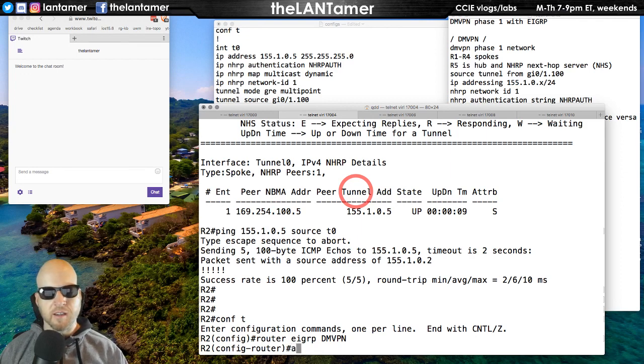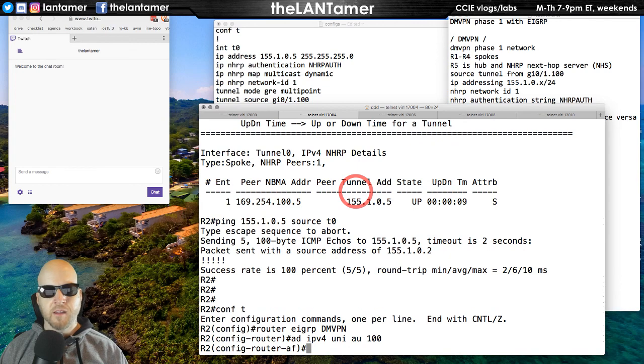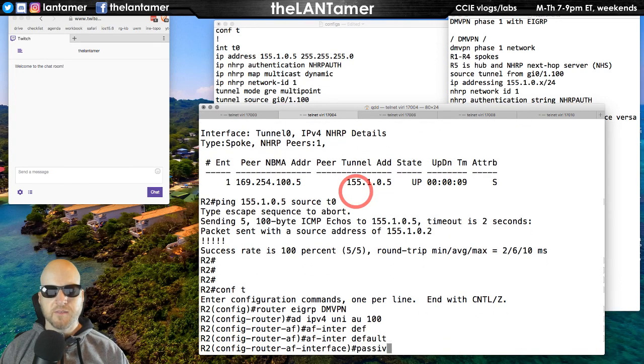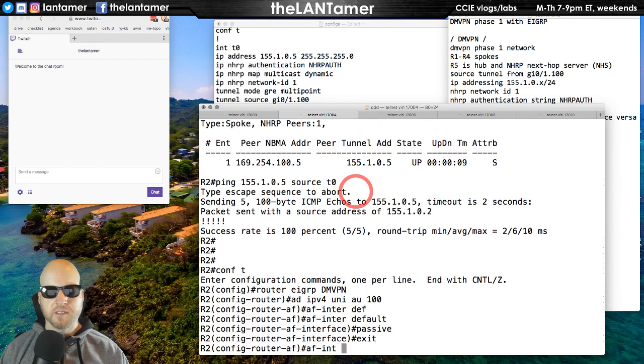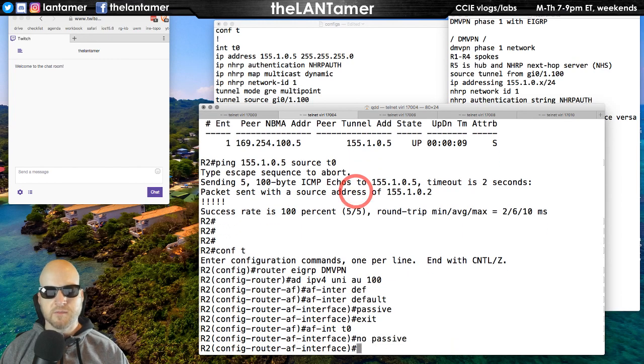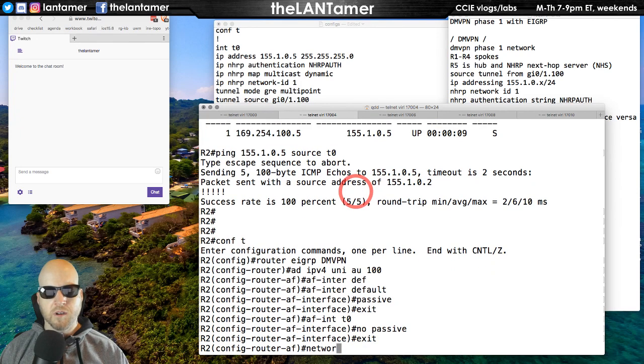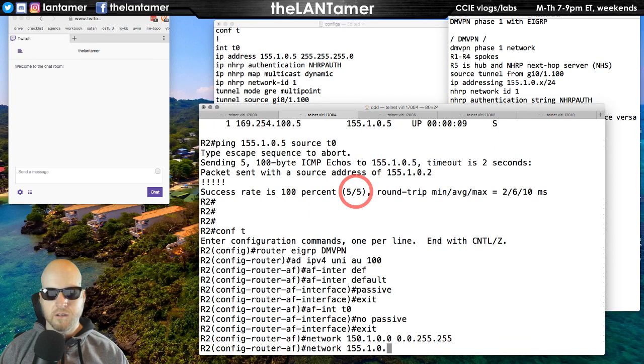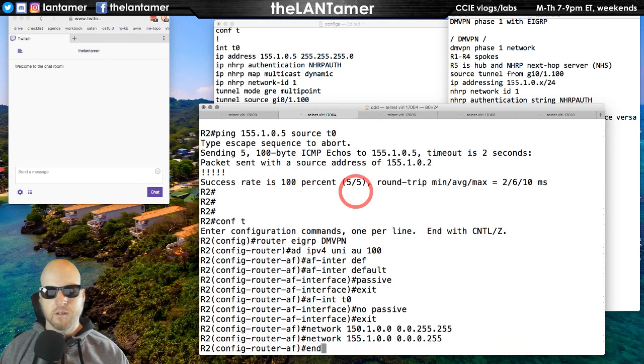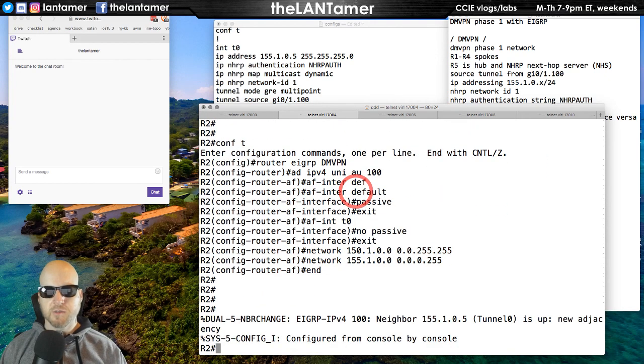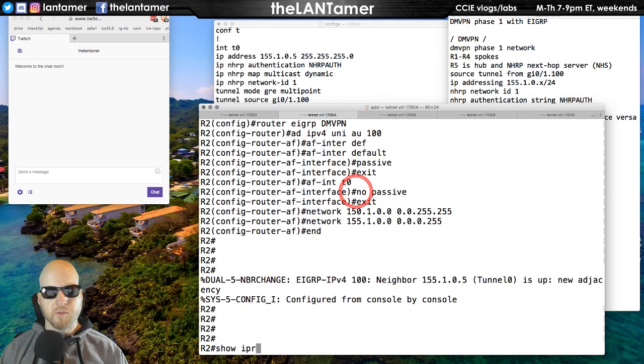So we're going to say address family IPv4 unicast autonomous system 100, af-interface default passive, af-interface Tunnel0 no passive, and network 150.1.0.0. And we should get an adjacency here as well. Yep. Now we do show IP route.